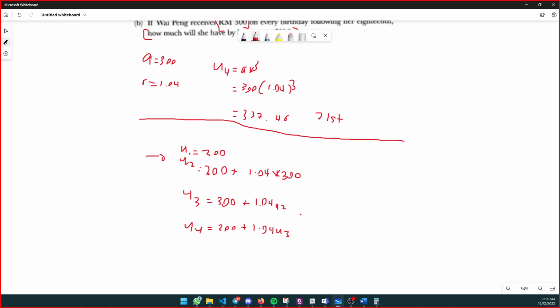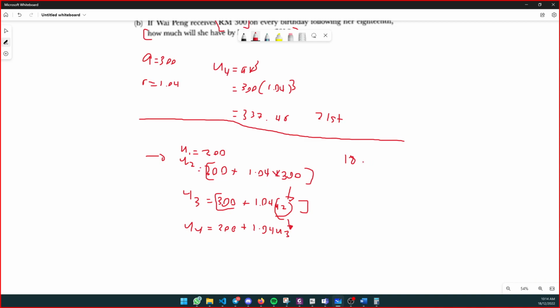So by her 25th birthday, it's 300 plus 1.04 U2, because U2 is already this one, right? So we're just substituting inside, and then this whole thing inside.